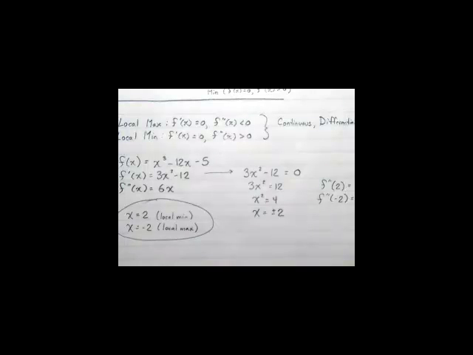Since we're able to find all of those things, all I need is an equation of a function, and I can sketch a pretty accurate graph of it. So I have all this information I can come up with using the first and second derivatives. So that's going to be kind of our final stage here: can we take all this stuff and put it all together and make something of it?